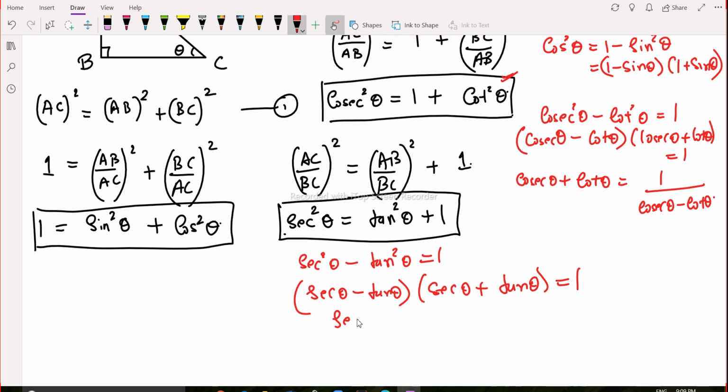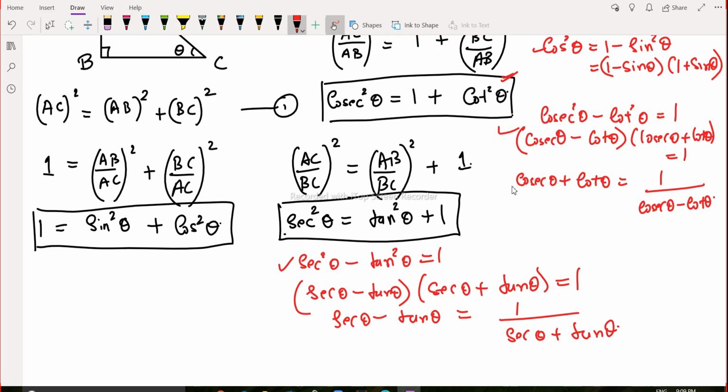And I can say sec minus tan is equal to 1 upon sec plus tan. So depending upon the sum, we can manipulate these identities and use them to our advantage. You don't need to memorize all these manipulations. You can just play around with these identities, and you can get these formulas, and we'll use them according to the sum.